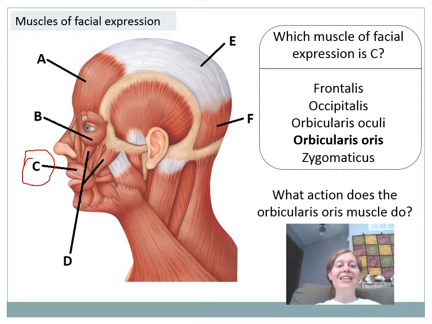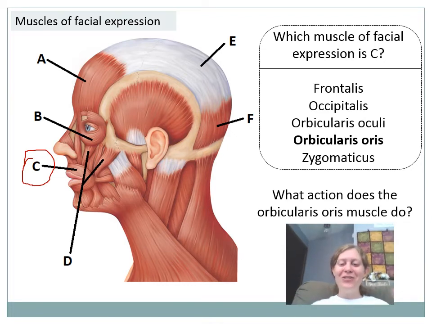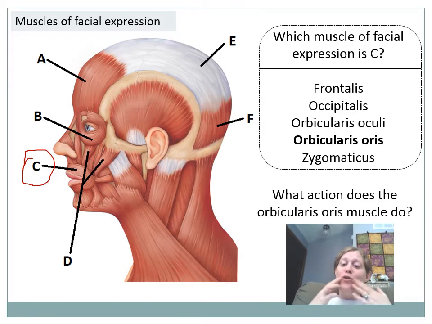So again, let's go ahead and try to figure out what this muscle does. Take two fingers, put them on your orbicularis oris muscle, and go ahead and see what it does. All right, hopefully while you were doing that, you noticed that when you move your mouth around, your orbicularis oris is doing a job.